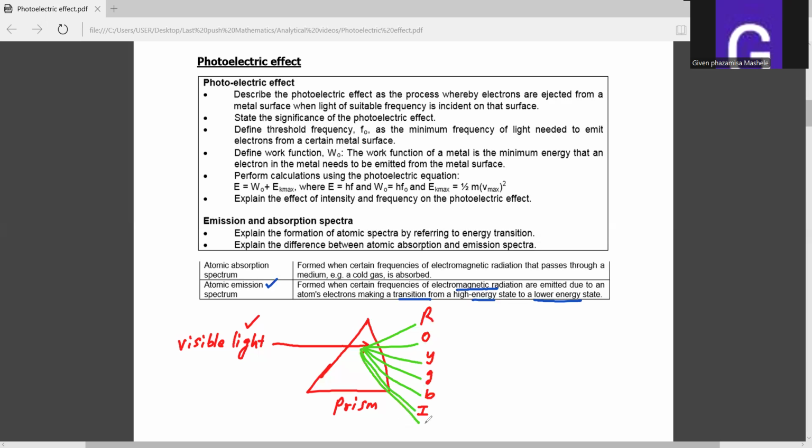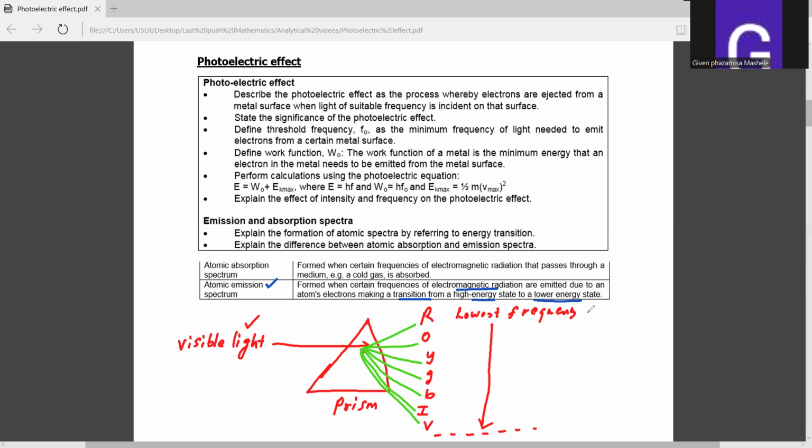So you see that, like what I said in the Doppler effect, red is the one with the lowest frequency because it has the highest wavelength. Because of that, you see that these colors being released here are at different energy levels.